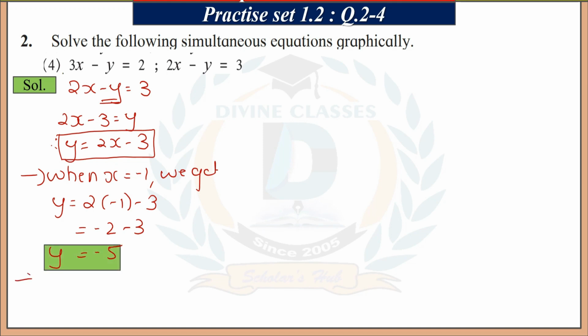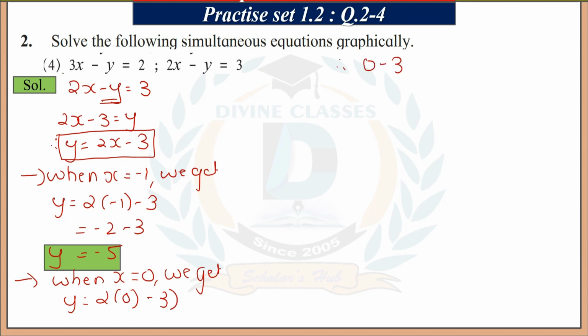Now the next value we take is 0. When x is equal to 0, we get y is equal to 2 into 0 minus 3. Therefore 2 into 0 is 0, minus 3 is equal to minus 3. So the value of y is minus 3.